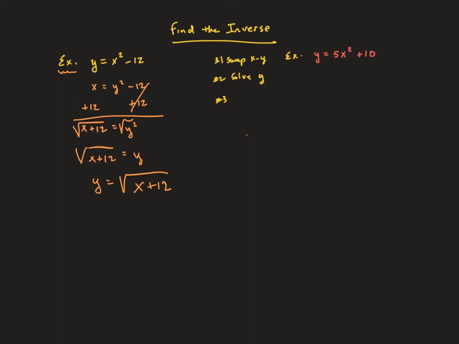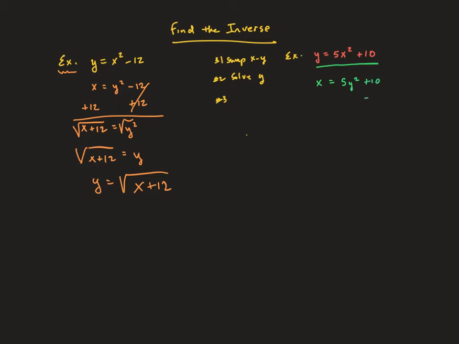And let's see if we try this other one. Over here we have y is equal to 5x squared plus 10. So again, we'll go ahead and swap our x and y, and this is good practice for finding the inverse function too, which is what we did in unit 1. x equals 5y squared plus 10.